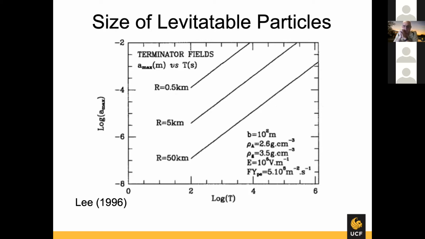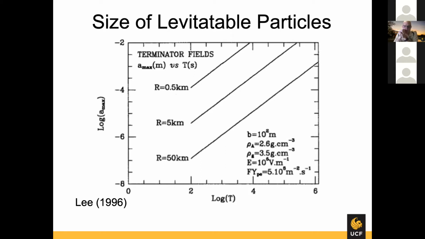did an analytical study to say, okay, let's estimate what the charge would be on dust particles on the surface of an asteroid. Let's estimate what the electric field strength would be based on sticking an asteroid in the solar wind and exposing it to solar UV. You've got photoelectron current leaving the surface.